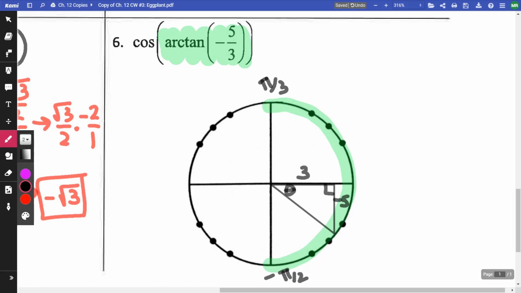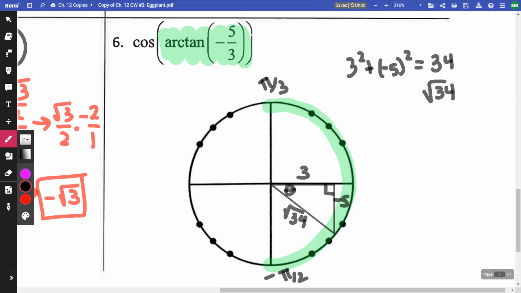Now, if I do Pythagorean, I am going to find my missing value there. So if I do 3 squared plus negative 5 squared, I get 9 plus 25, which is 34. So this is going to be the square root of 34.